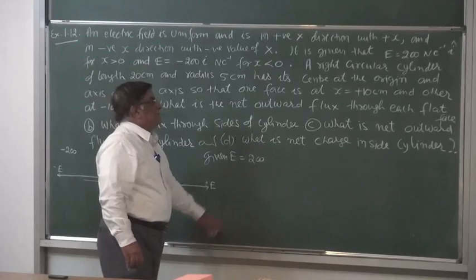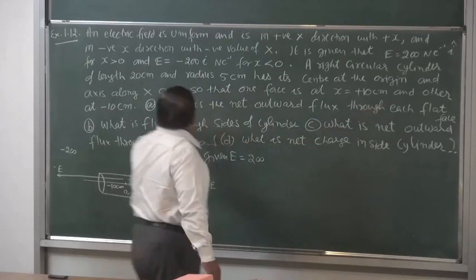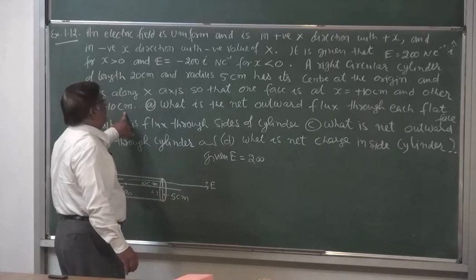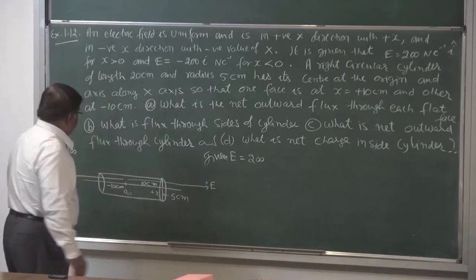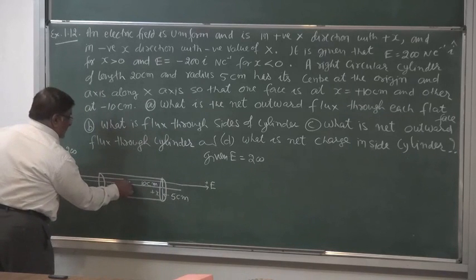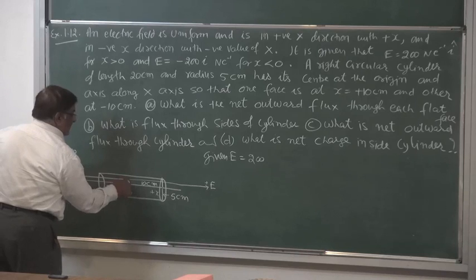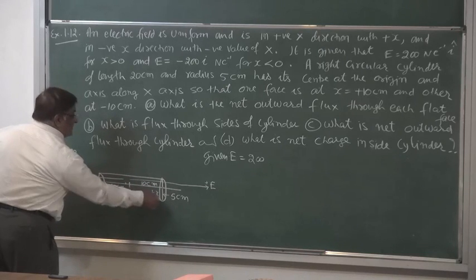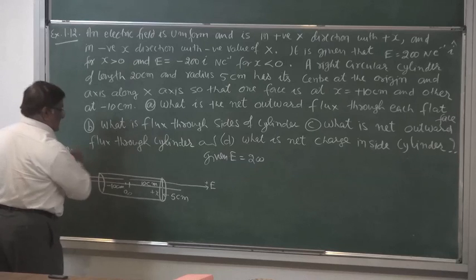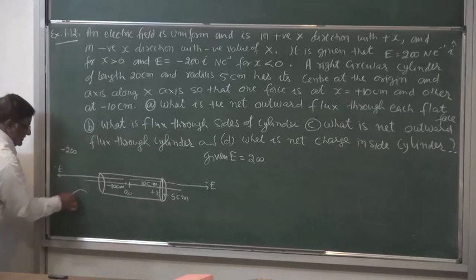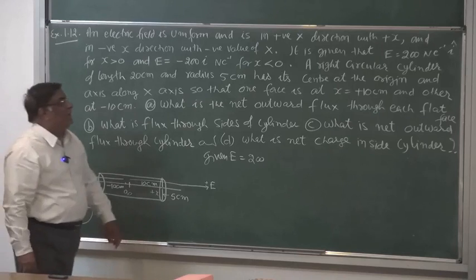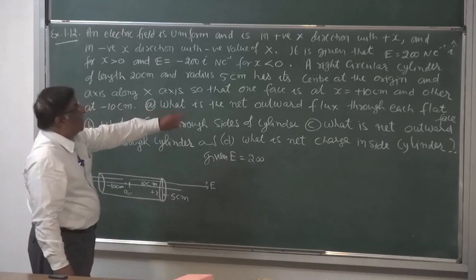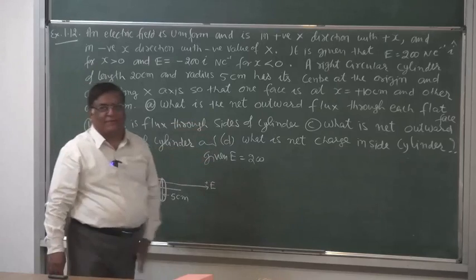These are the situations. x is equal to plus 10 and the other face at minus 10. The radius is 5 centimeter. Center at the origin. Let us say this is the origin. 10 centimeter here, 10 centimeter here. This is radius 5. So this face is like this with radius equal to 5. Okay. The first thing, what is the net outward flux through each flat face?